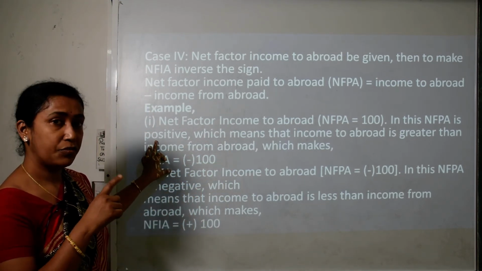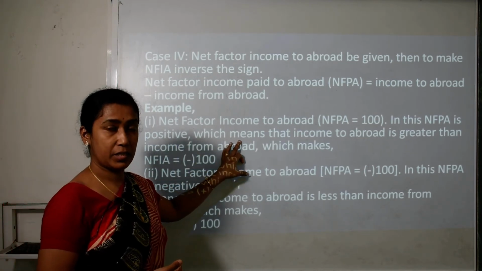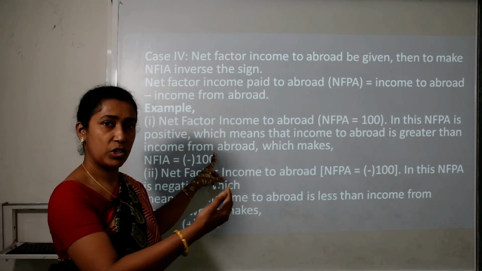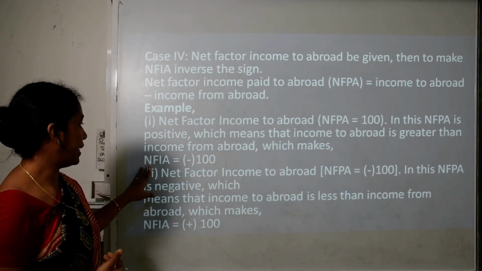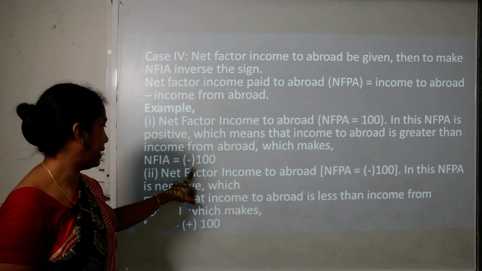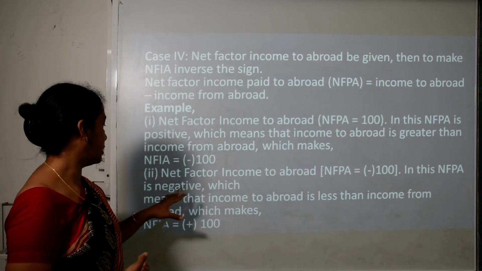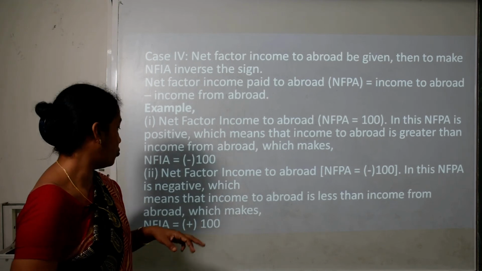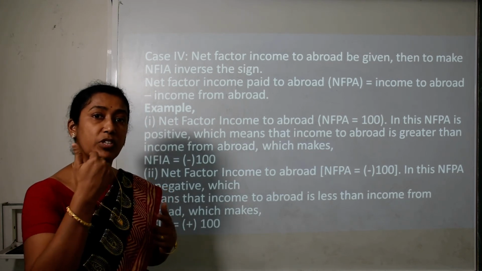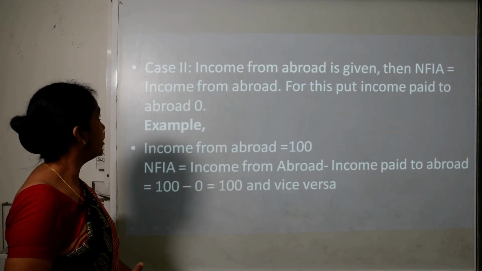In this, if NFPA, that is net factor income paid to abroad, is positive, it means that income paid to abroad is greater than income we receive from abroad, which makes net factor income from abroad minus 100. Say for example it is negative, net factor income to abroad is given as minus 100. In this, net factor income paid to abroad is negative, which means that income paid to abroad is less than income which we receive from abroad. Again this is a positive case.